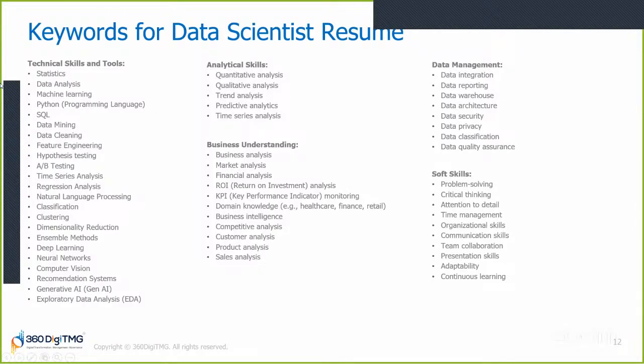Likewise, you can take a screenshot of it and make a note of it. These are the important key skills for your resume, but not all. Based on your job description, you can mention those key skills in your resume.